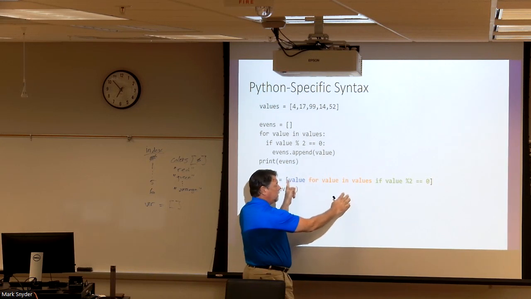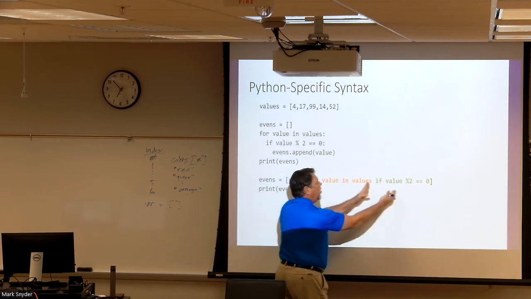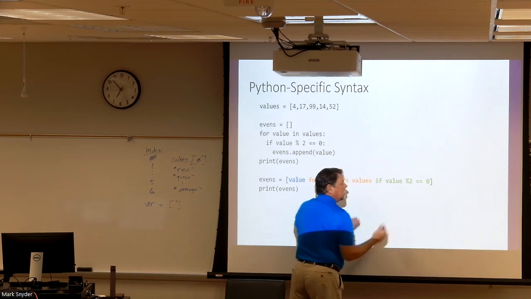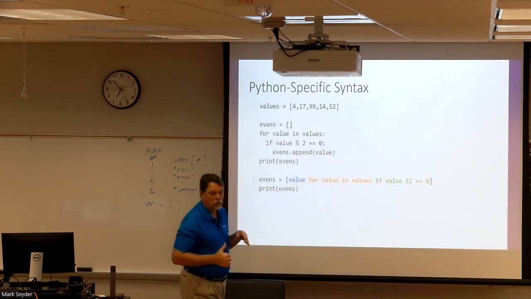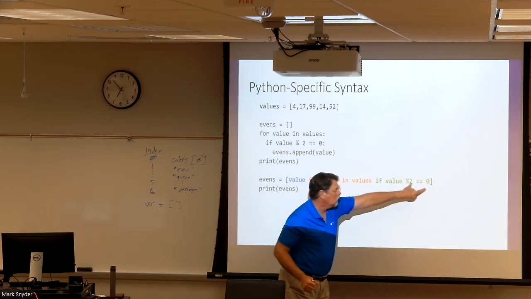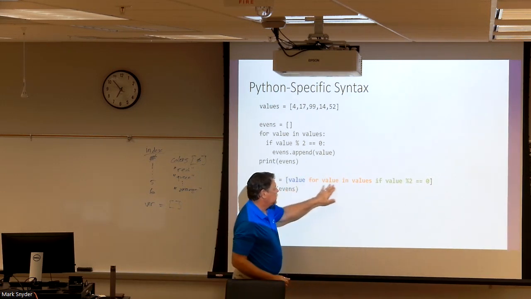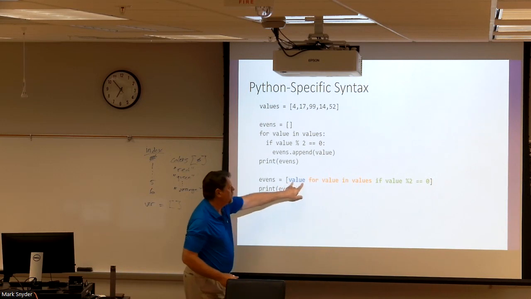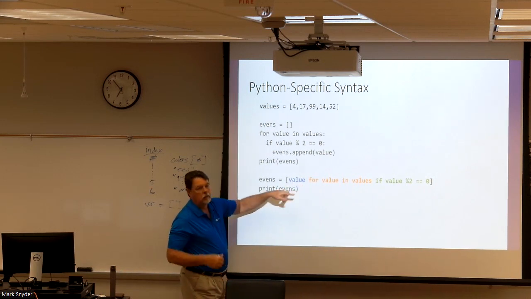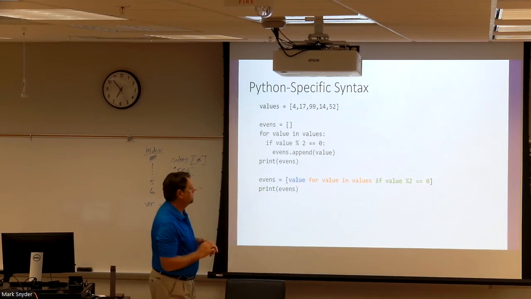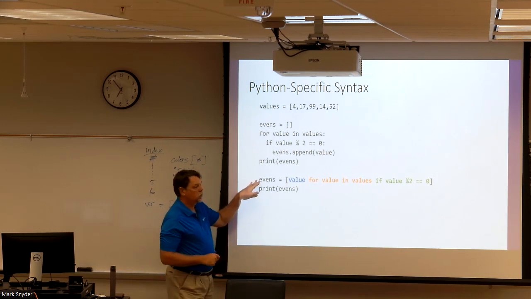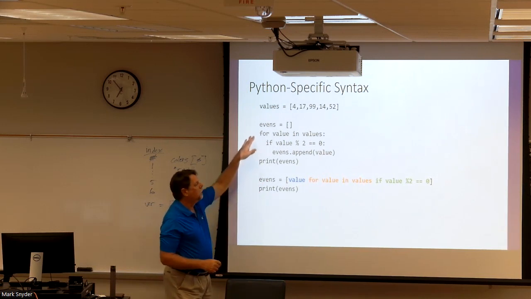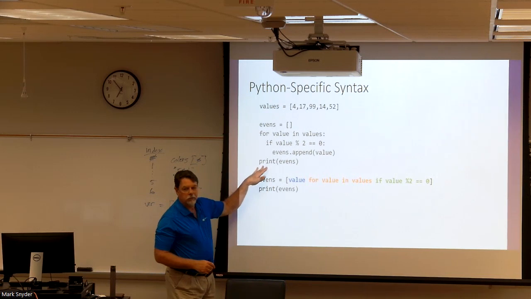That's what I want. That's my result. But only if this condition is satisfied. You put your condition here, you put your loop part here, and what you want out of it here. And if you do that this way for this collection, it gives you the exact same result as this program here.